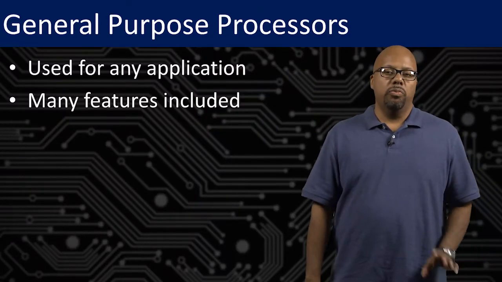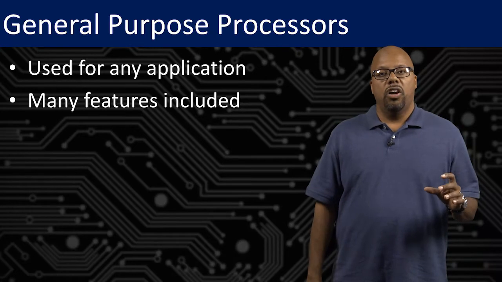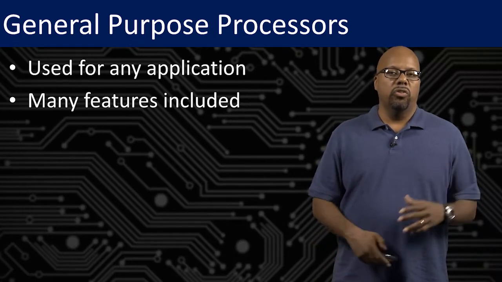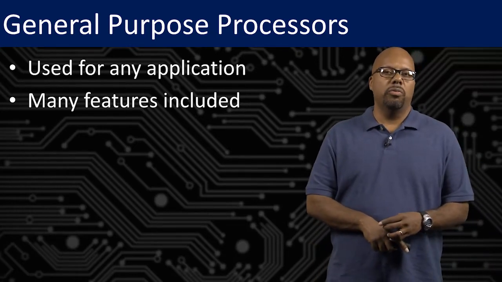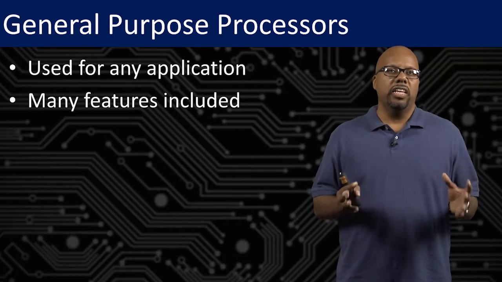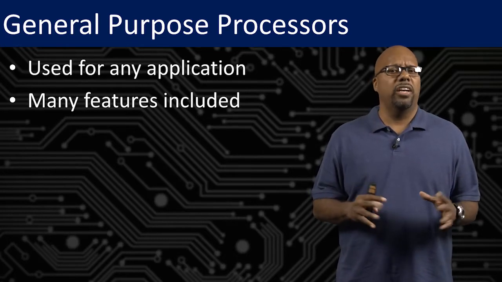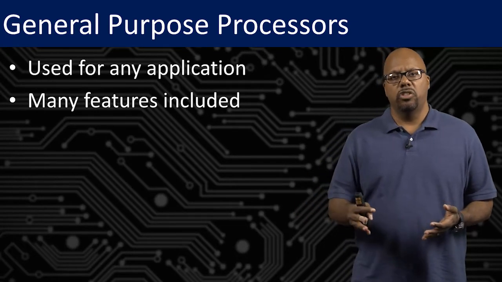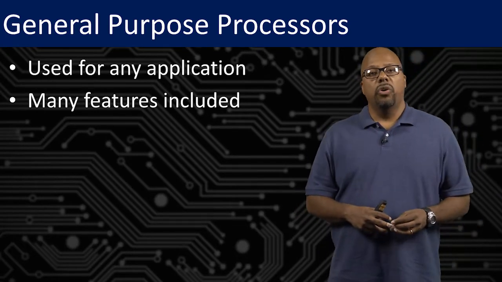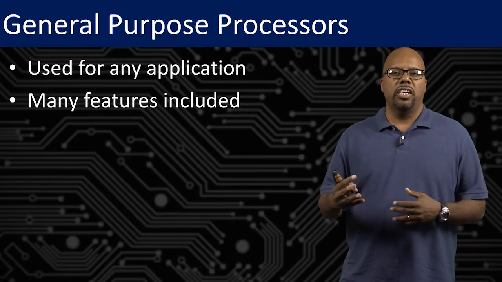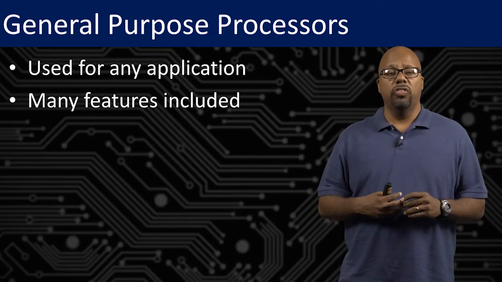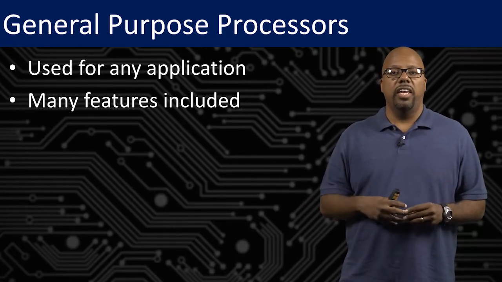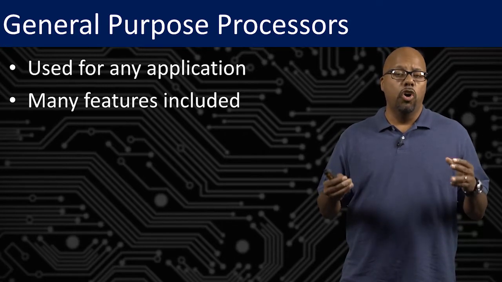So as far as processors go, and microcontrollers as well, but right now just talking about general purpose processors, you can classify them in, say, two broad categories: general purpose and digital signal processing. General purpose processors are what you see in your standard desktop or laptop. They're used for any application, and they include many features, but they're overkill for most applications.